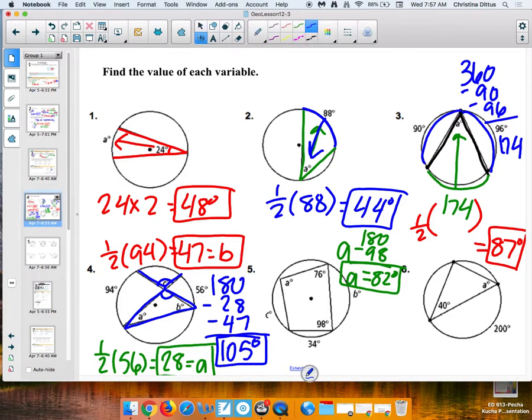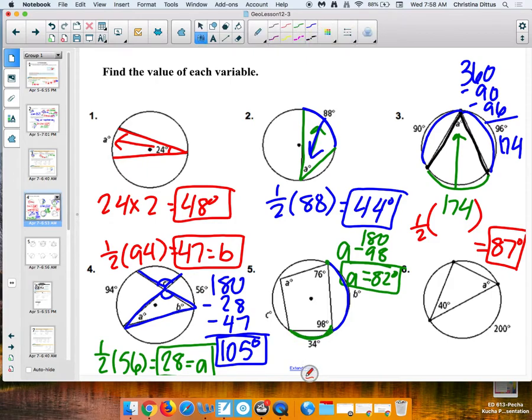Okay. To find, what should we find next? How about B? To find this arc, you need to find an angle that is inscribed by it. But there is no angle that goes from here to here. Does not exist. So we have to manipulate some of these. I do know that this is 34, so that's helpful.